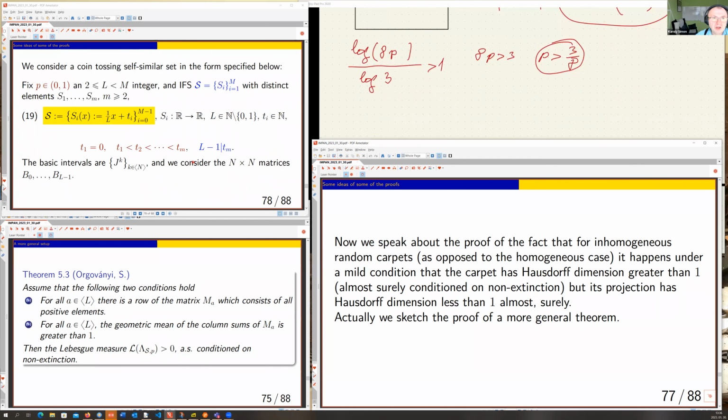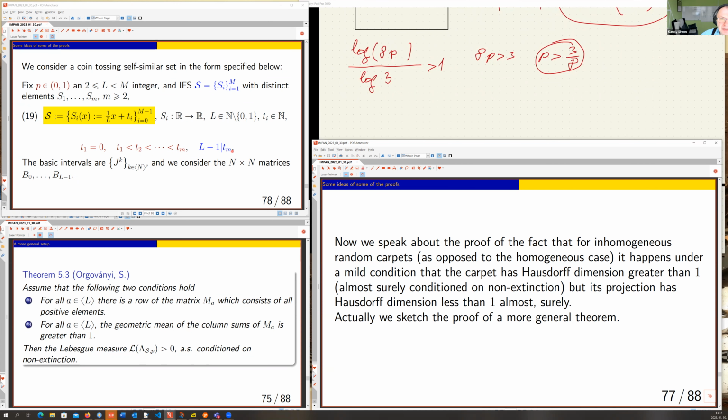So I would just like to write down the setup yet again. We are on the line, and we are given an iterated function system. This is a deterministic system, but some of the mappings are not distinct. The contraction ratio is 1 over L, but among the translations, counting from 0, the first little m minus 1 are different.